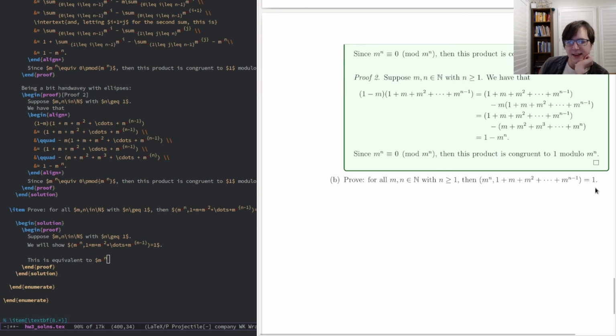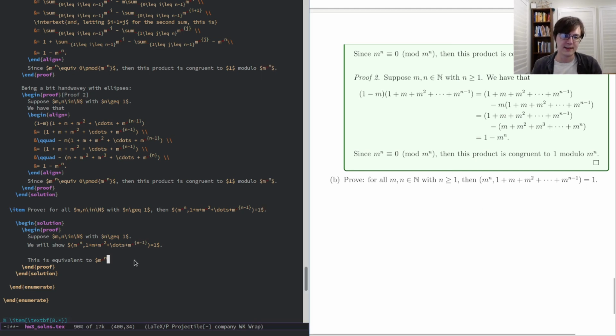So, okay, the idea was that if you got a system, or I mean just an equation, like ax plus by equals 1, then, okay, I think this was the idea.